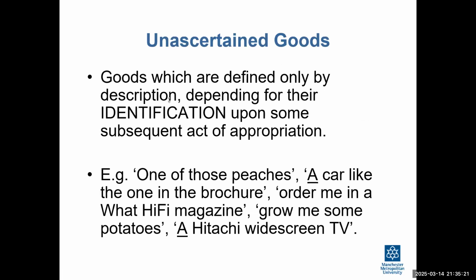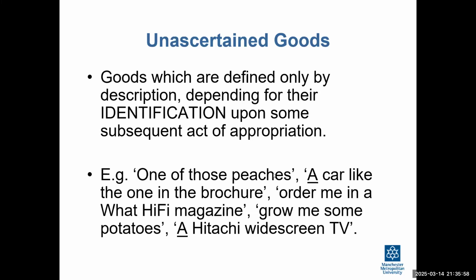These are goods defined only by description, depending for their identification on something that needs to happen after the contract. So examples: a car like the one in the brochure, order me that hi-fi magazine, grow me some potatoes, a Hitachi widescreen TV, an iPhone, an Apple computer.